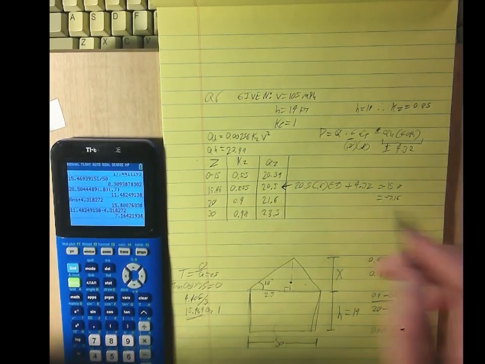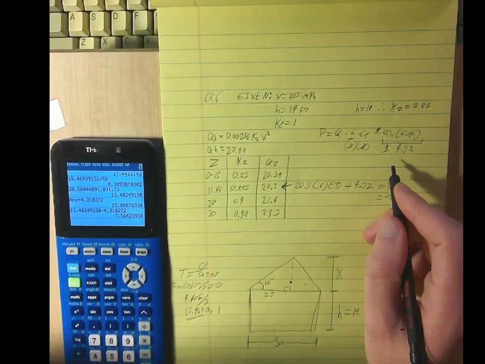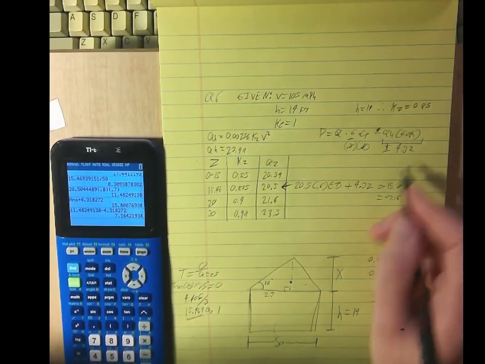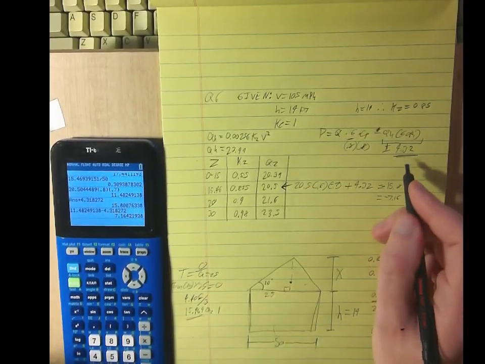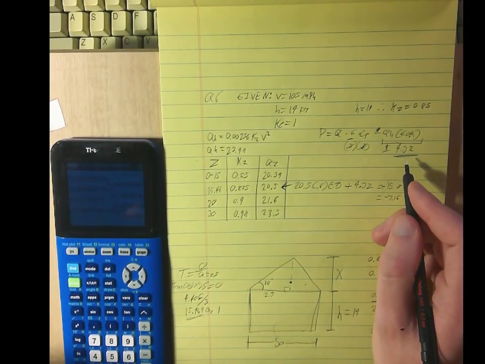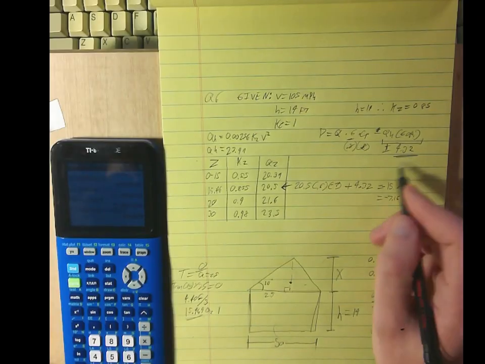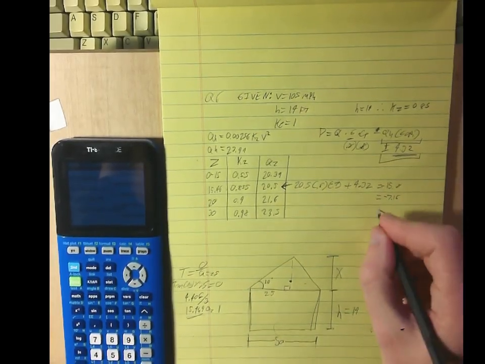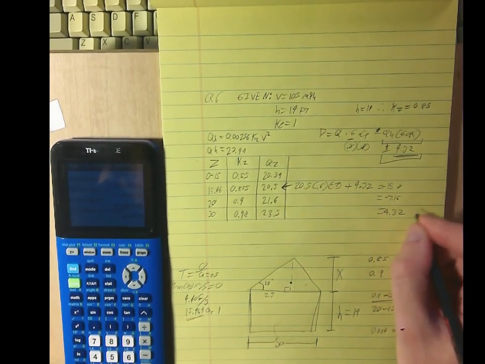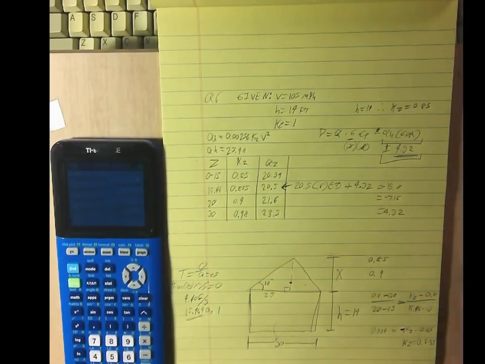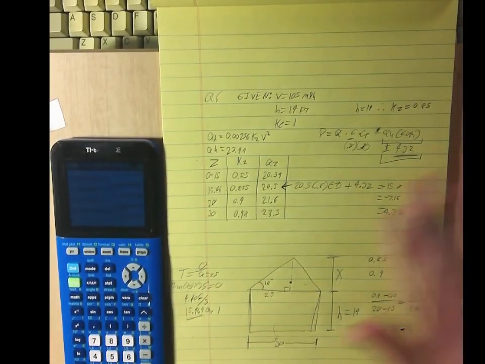Oh, so yeah, it looks like this is a bit off because this should be 0.438. I got 0.432. So this should just be equal to this right here. So 4.32. It should actually be 4.38. I was a little bit off. I wonder if I did my linear interpolation wrong.